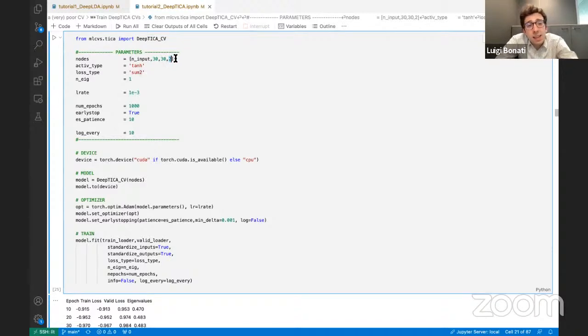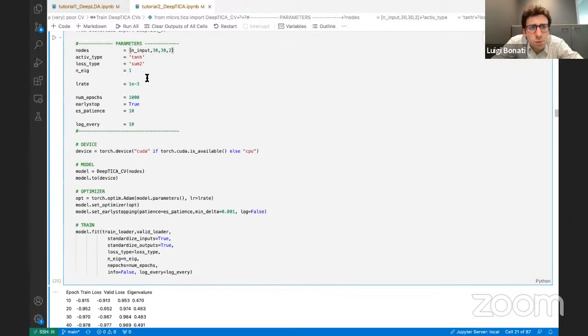While in the LDA case we needed at least n-1 outputs, where n is the number of states, here the number of outputs will need to be at least equal to the number of slow modes we want to extract. Here, for instance, I put 2.